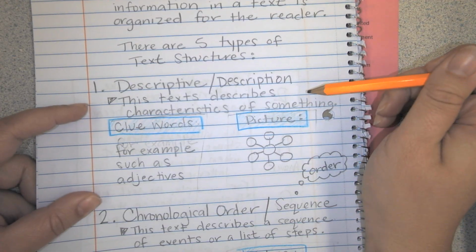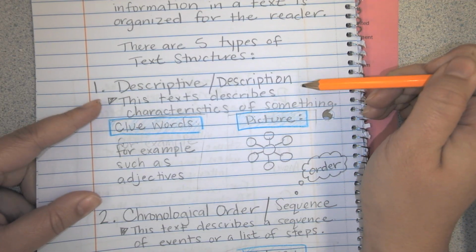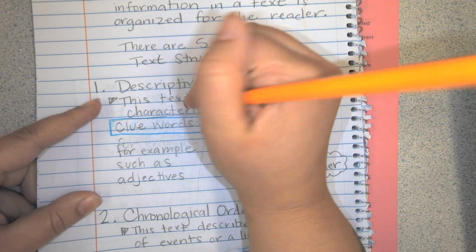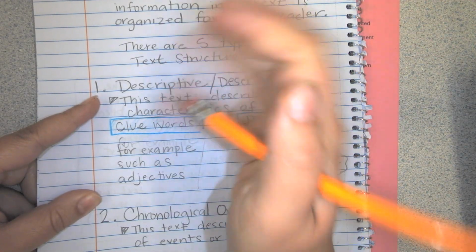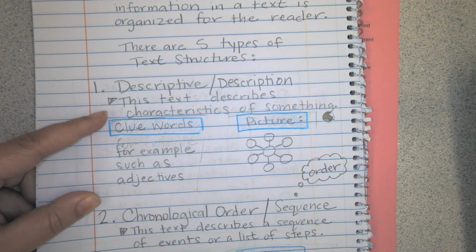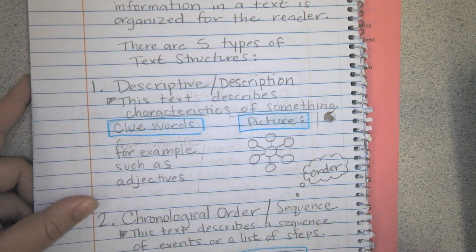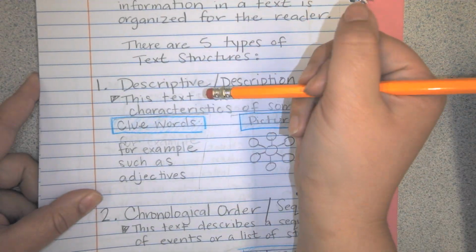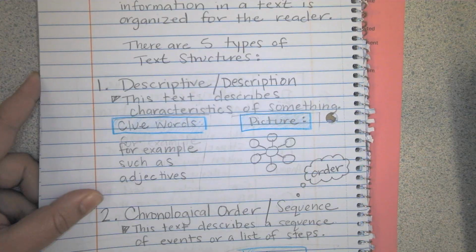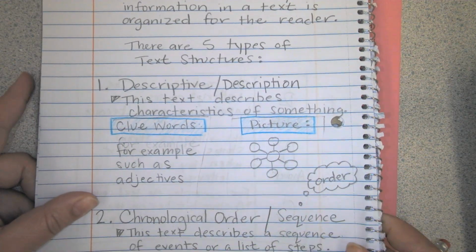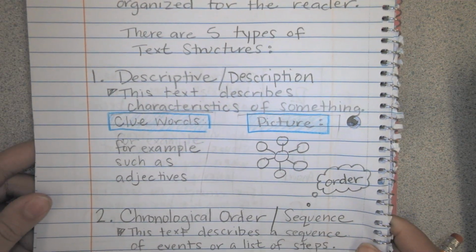The definition of this text structure says this text, whoa, I wrote this text, that's me. This text describes characteristics of something, okay? Also, that wasn't a mistake. I was just leaving that there for you to see, right? Making sure that you're following along. I've still never made a mistake a day in my life.